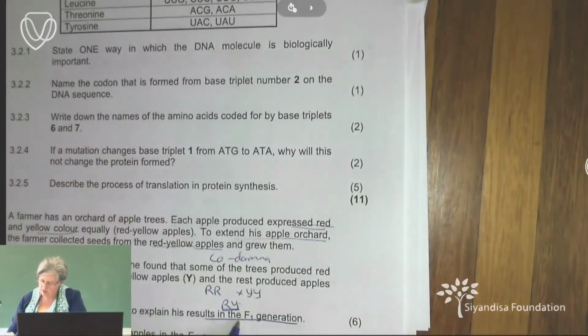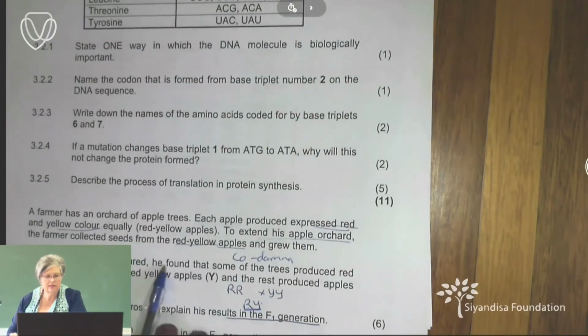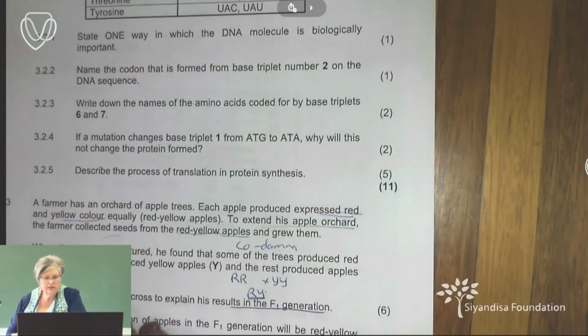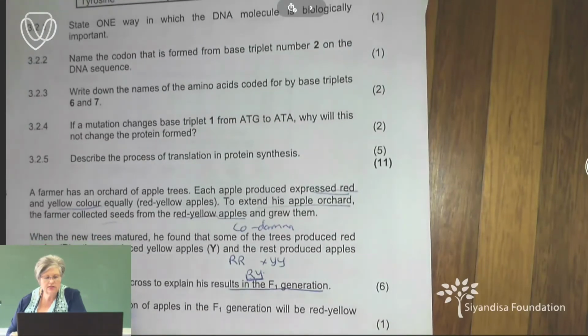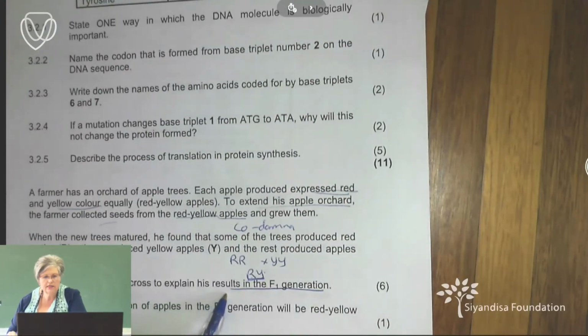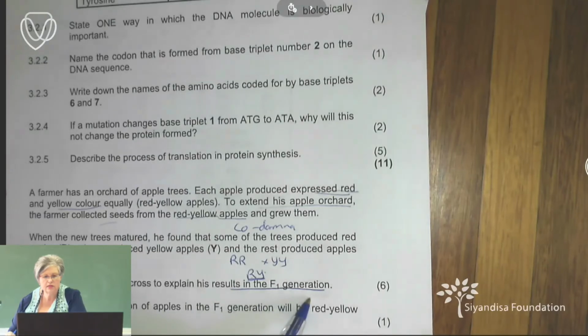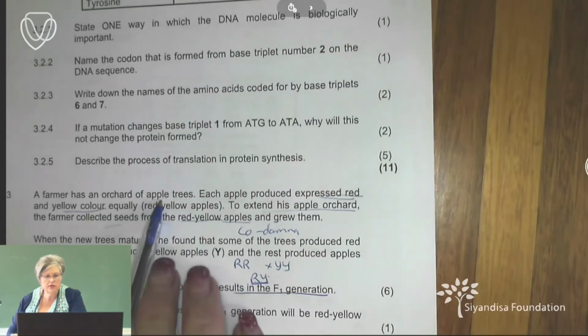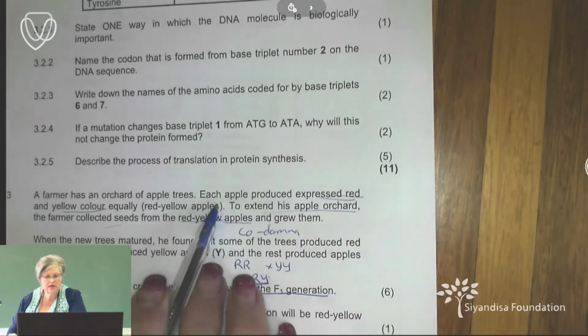Okay, so at the end he says, when the trees mature, use a genetic cross to explain his results in the F1 generation. Okay, so you have an orchard of trees, ne?